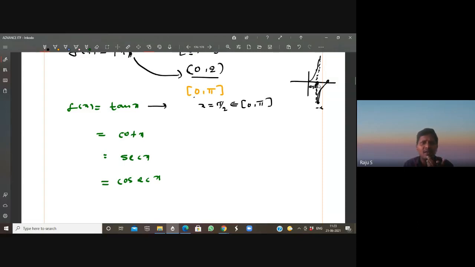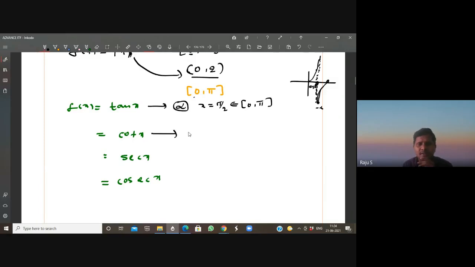Left hand limit is not equal to right hand limit at 90. There is a break. It tends to infinity when approaching 90. After 90, immediately it starts with minus infinity. So there is a break. It is not a continuous curve. So it breaks at 90. Infinity means undefined, not continuous.